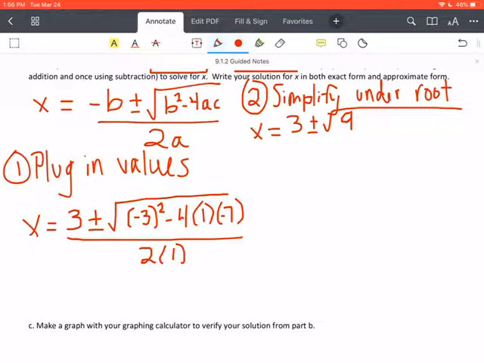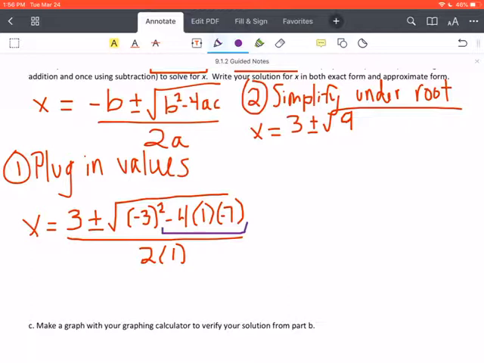Now I am going to look at my negative 4 times 1 times negative 7 as a 3-term multiplication problem. I am grouping the negative with the 4. So I'm asking myself, what is negative 4 times 1 times negative 7?